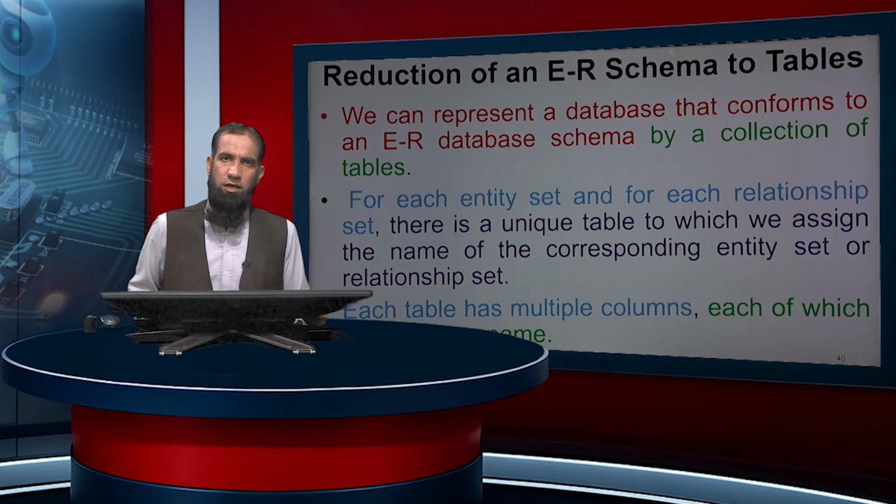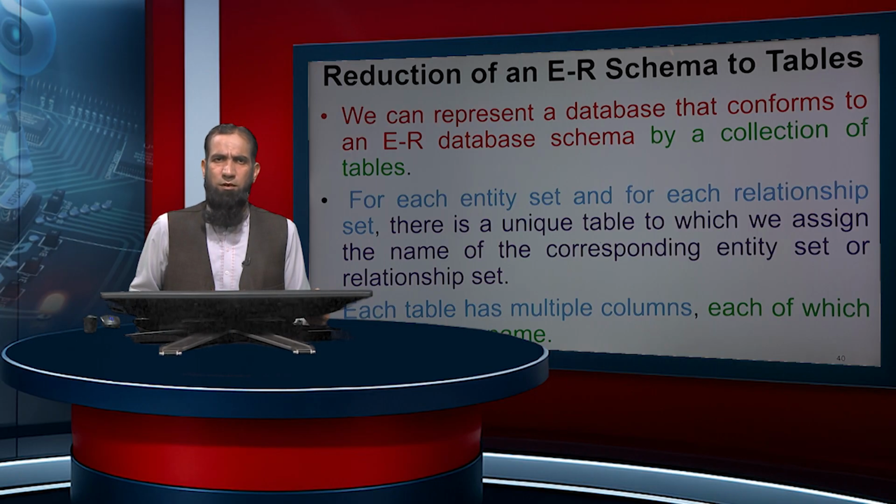Basically, we are converting entities to tables. The attributes are columns. So there must be unique attributes that distinguish all the records. Records are values having a single relative record.